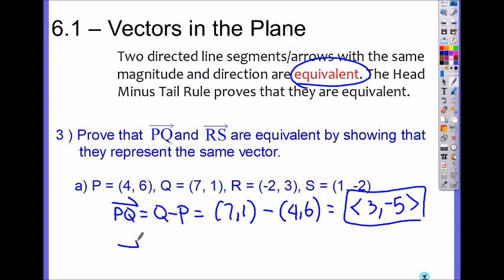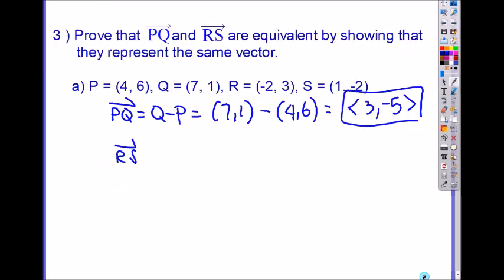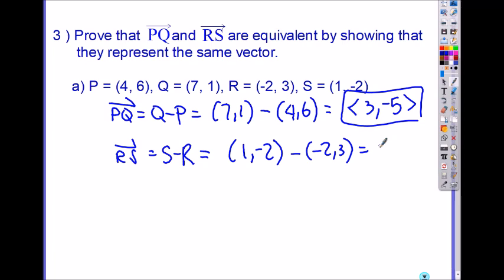And now you're doing vector RS, which is S minus R. So S is 1, negative 2. R is negative 2, 3. So I get 1 minus negative 2 is plus 2, so 3, and negative 2 minus 3 is minus 5. So are they equivalent? Yes, when they have the same component form, the vectors are equivalent.